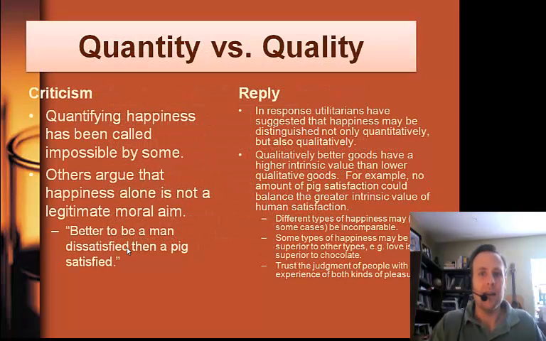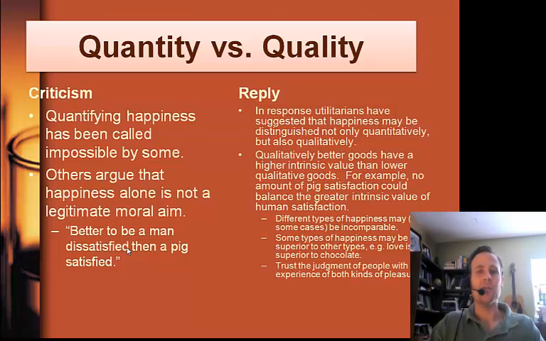Okay. So, and then again, the criticism here, there's two kind of broad criticisms. Quantifying happiness. Some people think it's impossible to quantify happiness. Economists and psychologists, of course, are making valiant efforts to do so. You might think that it's always a little bit flawed. And some people argue that happiness by itself is not a legitimate moral aim.